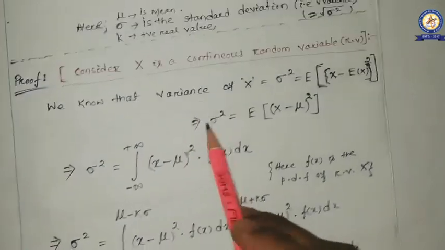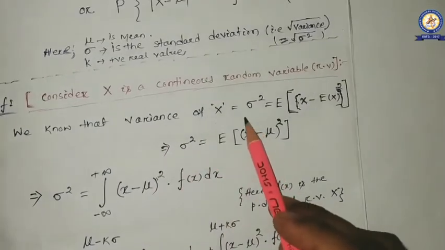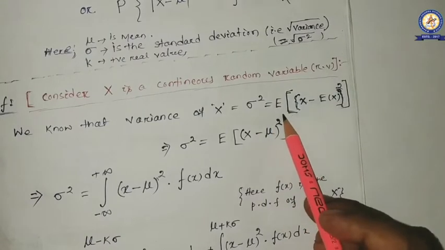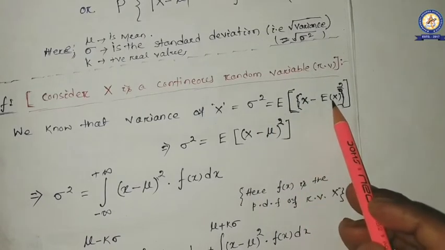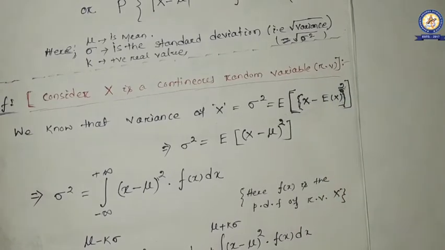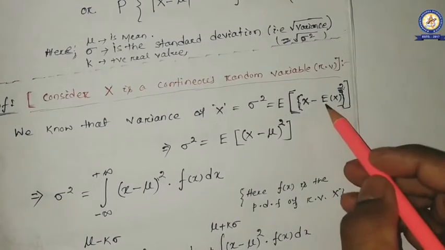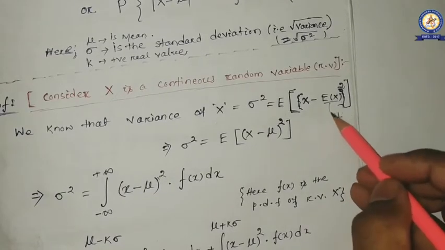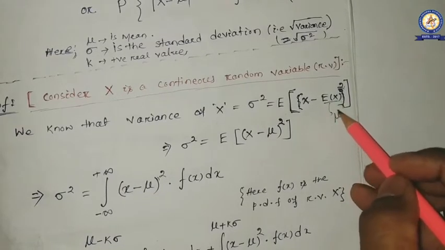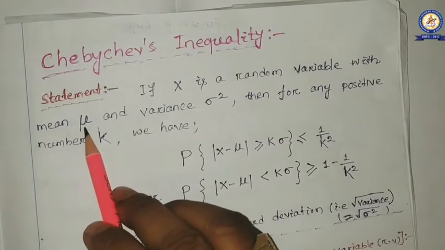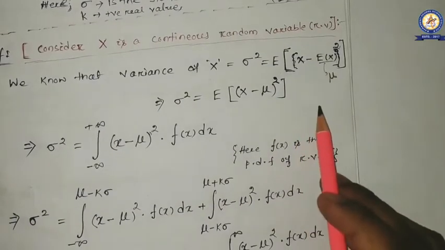We know that variance of x equal to sigma square is equal to expectation of x minus expectation of x, whole square. Expectation of x, or mean of x, can be written as mu. Whatever is written in our statement, mu is the mean or expectation of x.